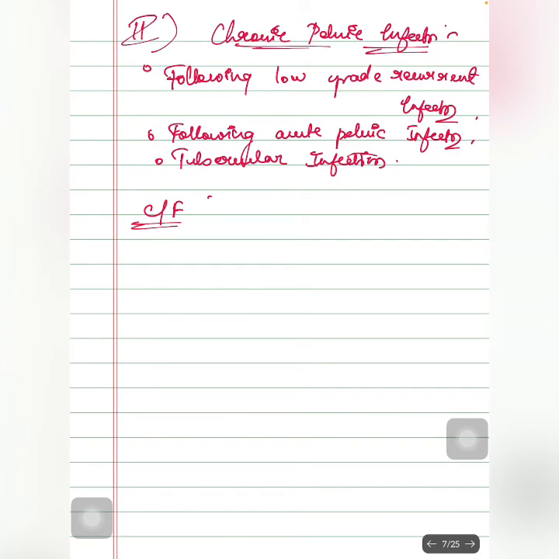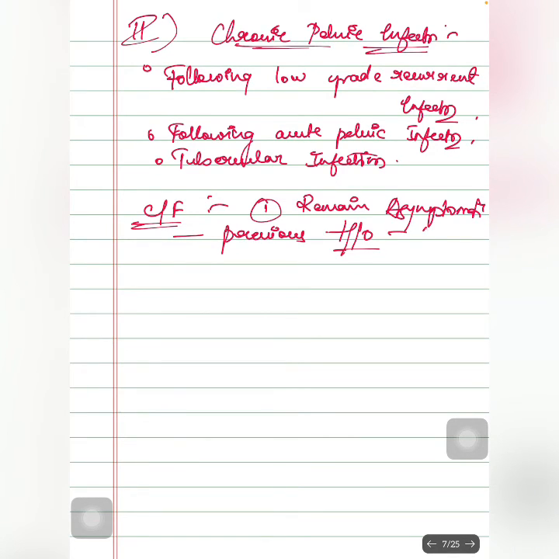As it takes a lot of time to develop, certain patients may even be asymptomatic. So regarding the clinical features, the entity may remain asymptomatic.